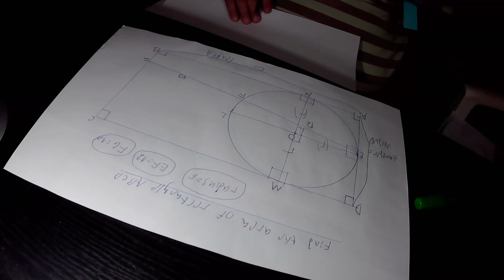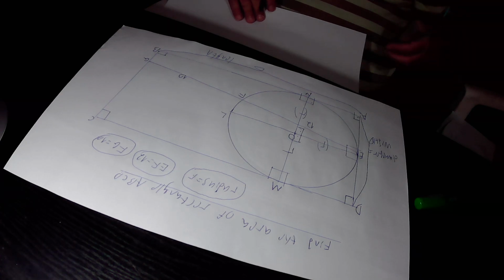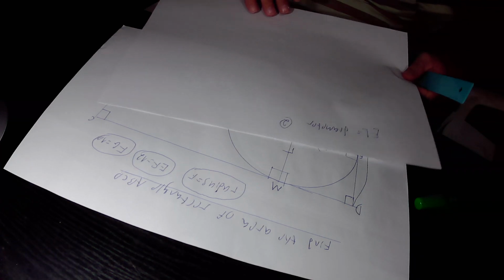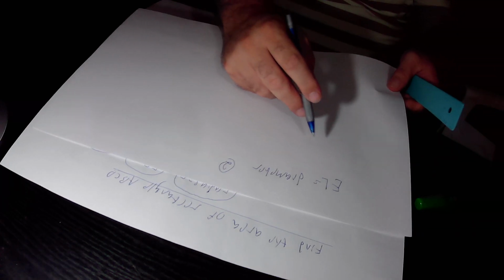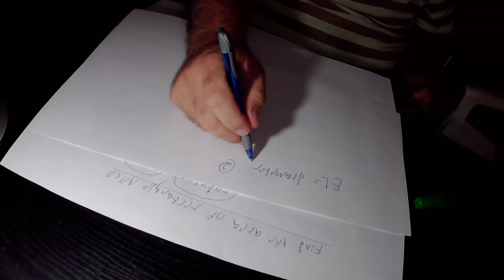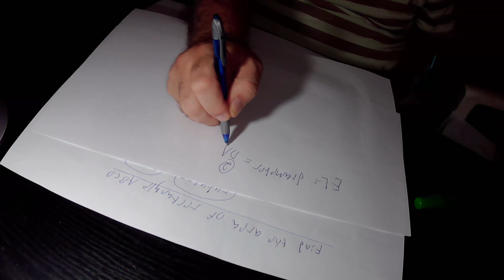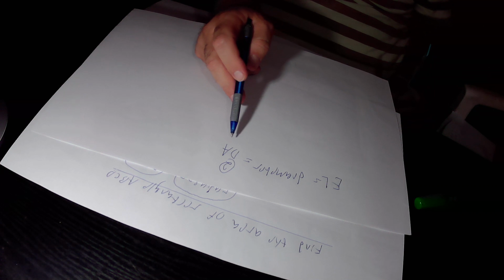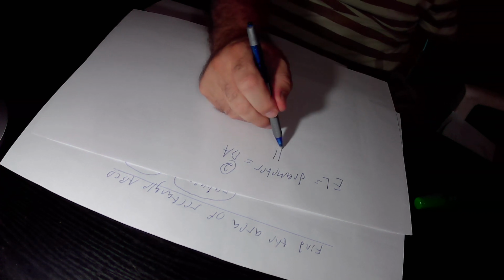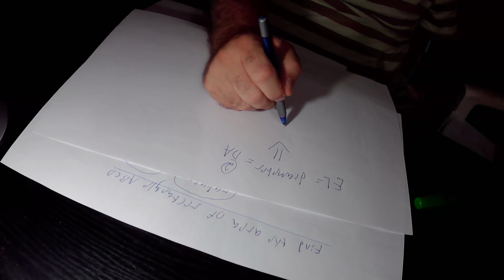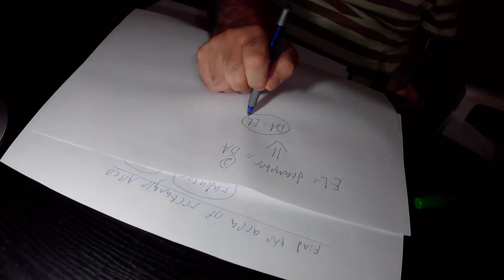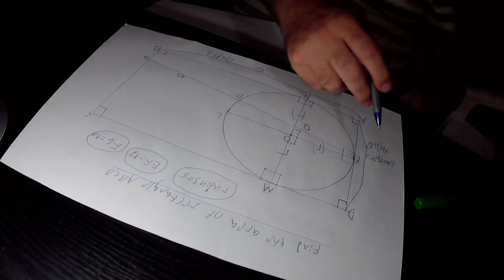And we know that DA is also the diameter of the circle. EL is the diameter of the circle, and DA is also the diameter of the circle. From this equation, EL equals the diameter equals DA, we derive that EL equals DA, or DA equals EL.